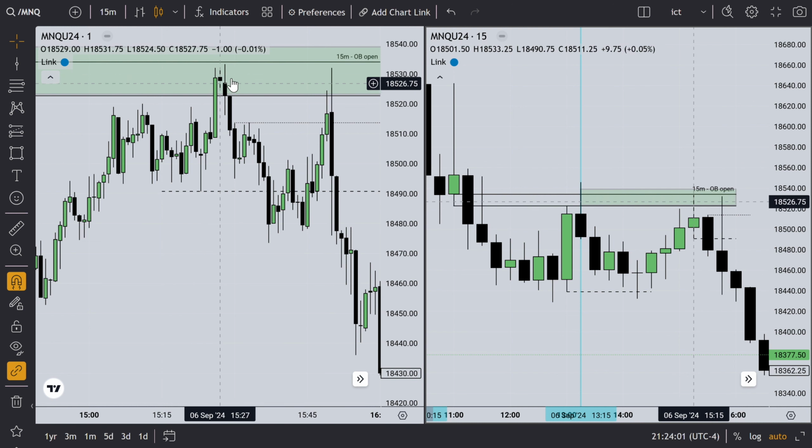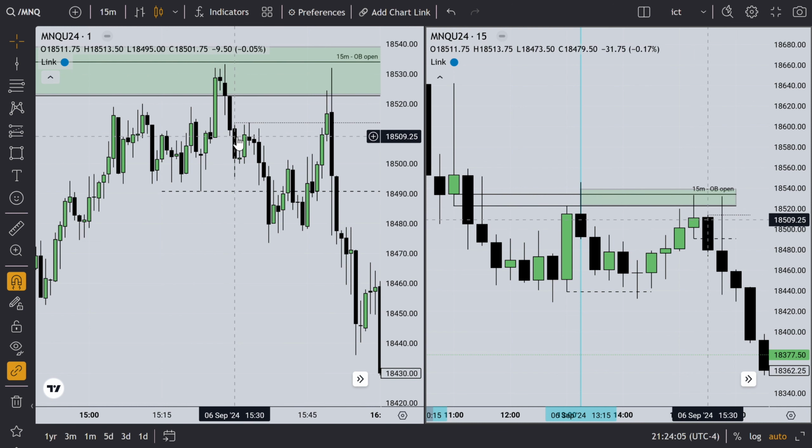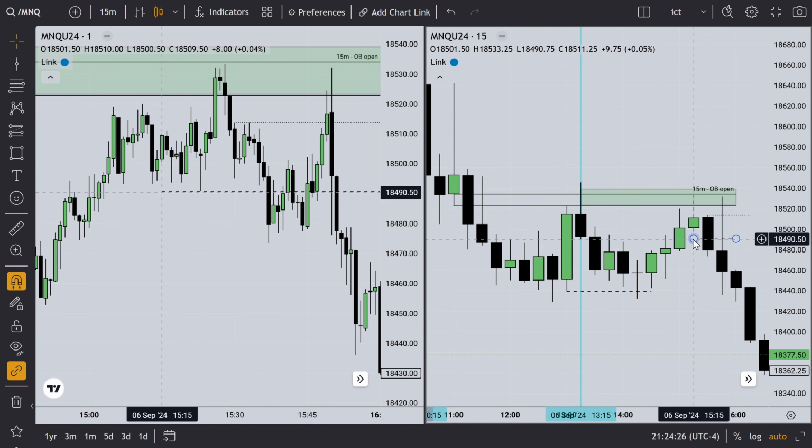When price does this and it closes below this low here on this candle, then we can watch this candle's high for a sweep. And what's really interesting about this candle is it's on the 1 minute, it's the candle that closes below this one, and on the 15-minute, it's the same high that's used to close below there.